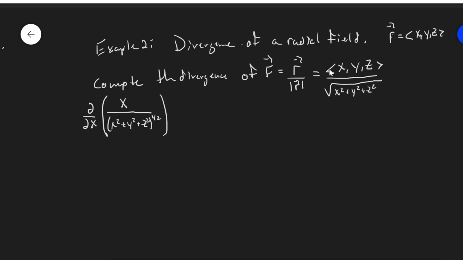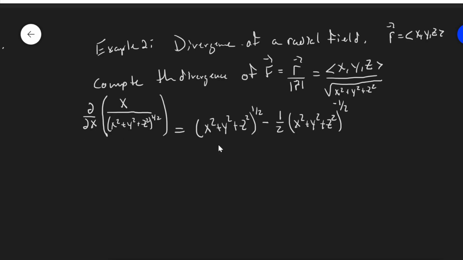So partial of the x component with respect to x. And we can compute this by the quotient rule. So the derivative of the top is 1 times the bottom. So we have x squared plus y squared plus z squared to the 1/2, minus derivative of the bottom. So that's 1/2 x squared plus y squared plus z squared to the minus 1/2.